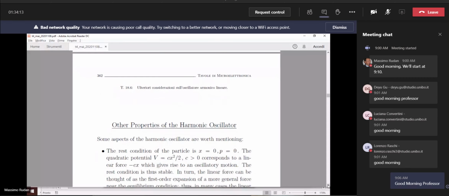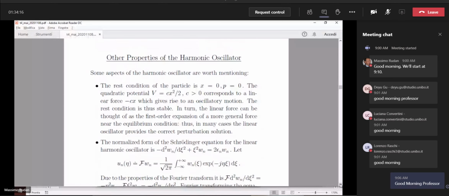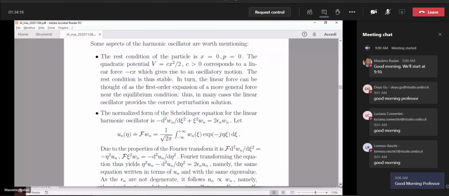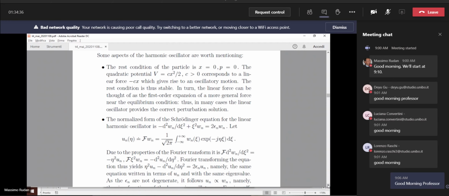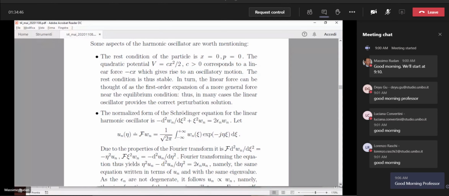We can comment. You see, the first point here was already commented because it is a comparison between the classical and the quantum situation. In the classical situation, it is possible for the particle to have a total energy equal to 0.